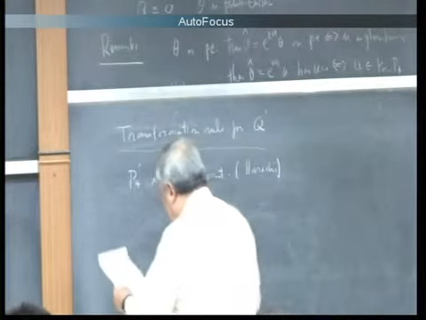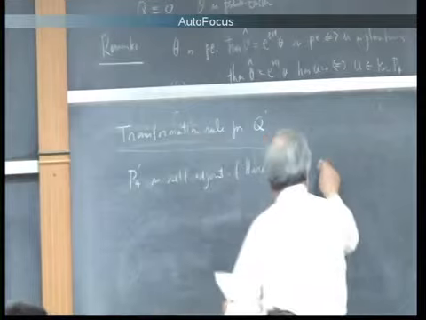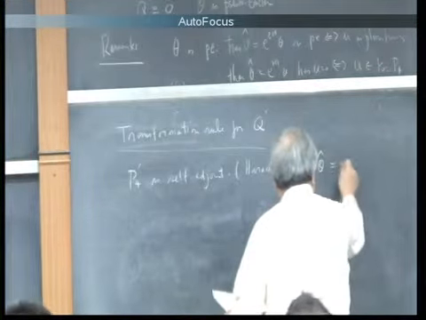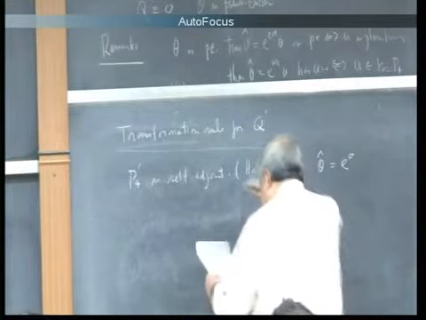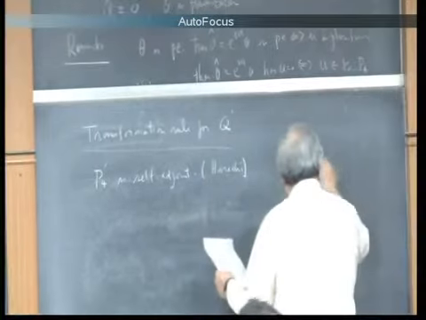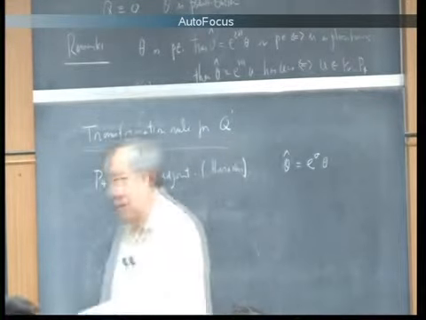But on the other hand, now if you transform theta by, say, my co-author likes to write exponential sigma instead of exponential 2u.